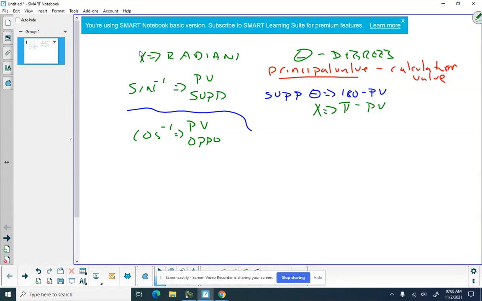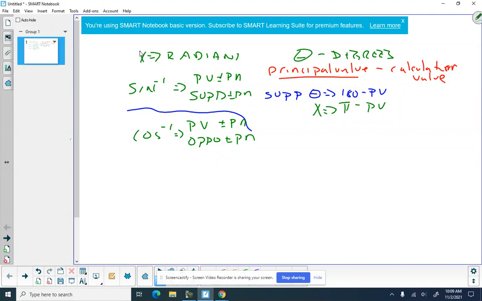And these general solutions, once again, are plus or minus a period n. When you have the very basic and general ones in 3 and 4, it's either 360 or 2 pi.